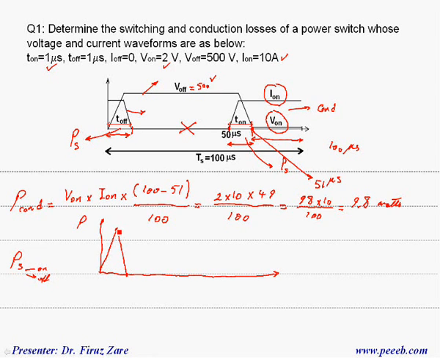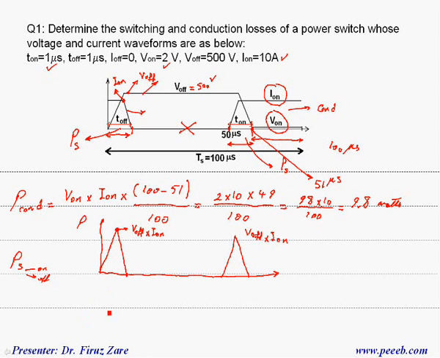This peak is V off times of I on, because this is the I on and this voltage is V off. So we can find the peak of this waveform. Similar for this case, which is basically V off times of I on.